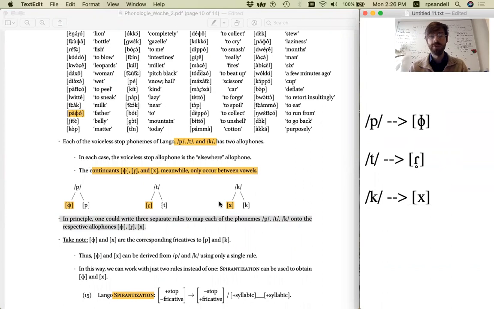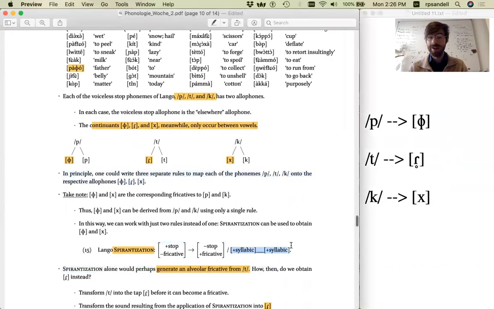These three rules, which all share the same environment, it would be possible to explain the facts of the language in this way. But doing so would appear to miss a generalization, namely that all three of these allophones share the same environment.